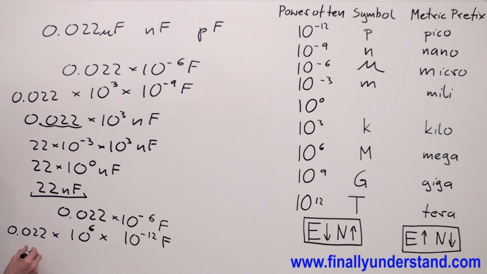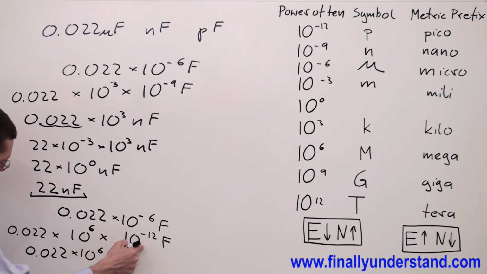That's why I'm going to write this number as 0.022 times 10 to the 6th, and instead of 10 to negative 12, because this power of 10 represents my prefix, I'm going to write over here picofarads. Again, this number looks ugly because I do not want to have 0 on the left side of the decimal point.